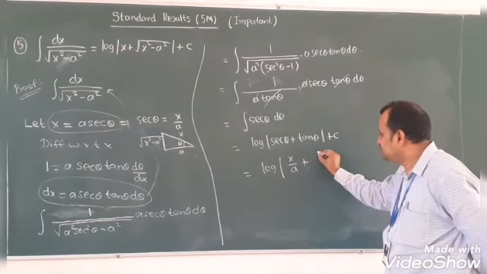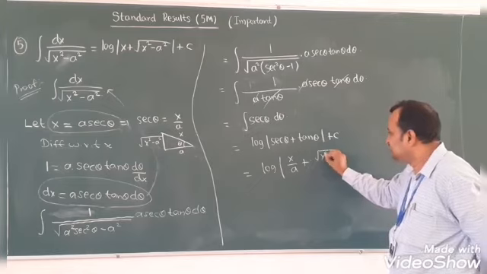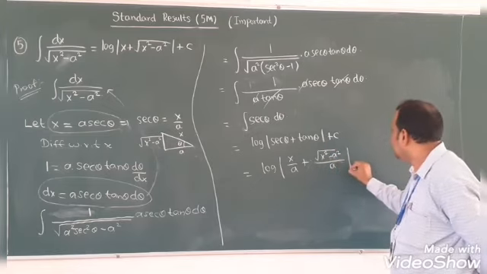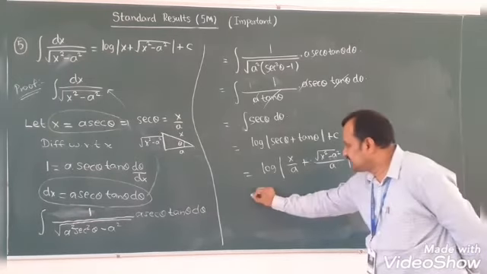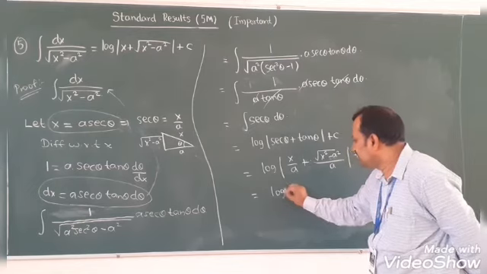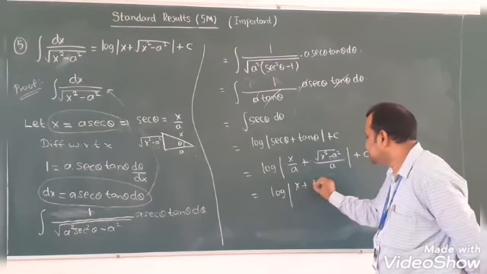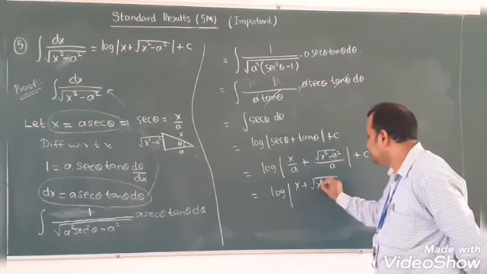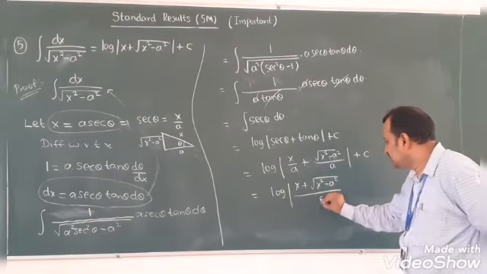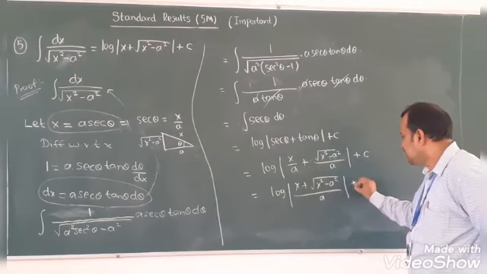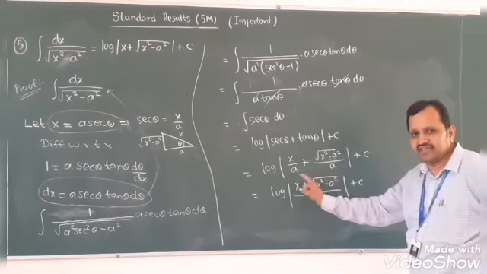Tan is square root of x square minus a square divided by a plus c. Now take LCM, you will get log of x plus square root of x square minus a square divided by a plus c.